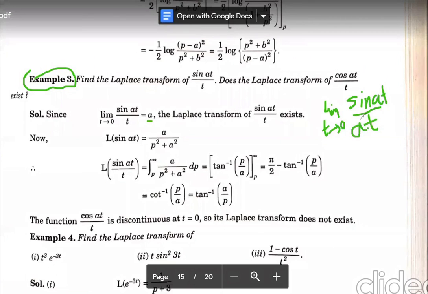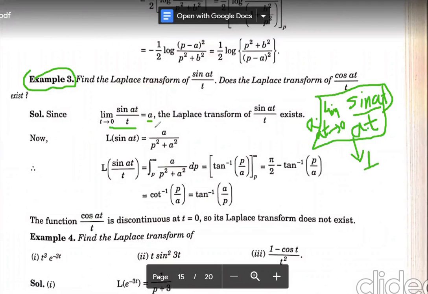I have written this a extra, so I multiply by a, and ultimately this a and this a cancel out, so there is no change. Now as t tends to 0, a into t tends to 0. Comparing with the standard result, the limit will be 1. So 1 into a is a.